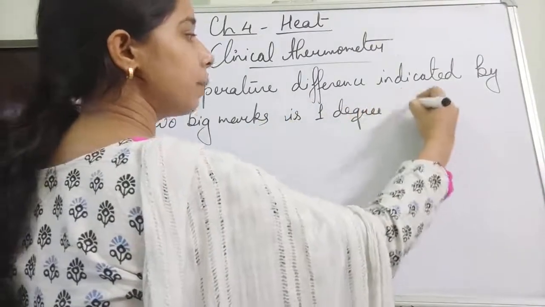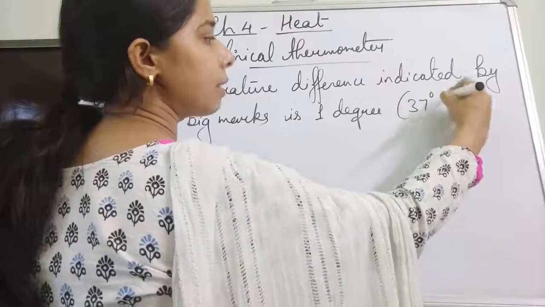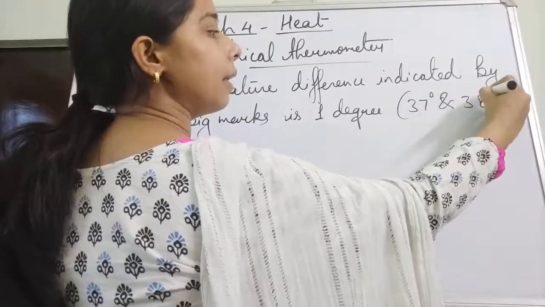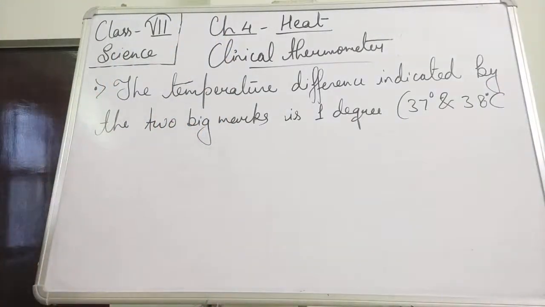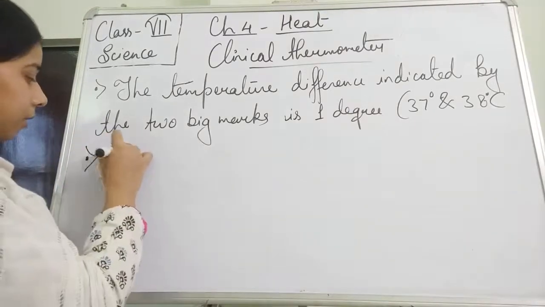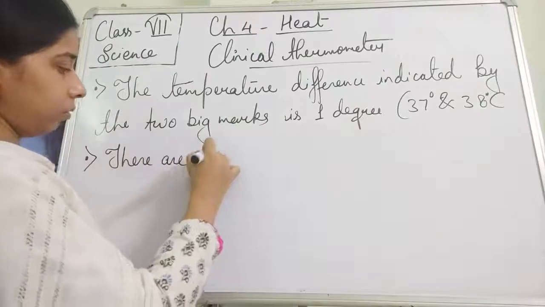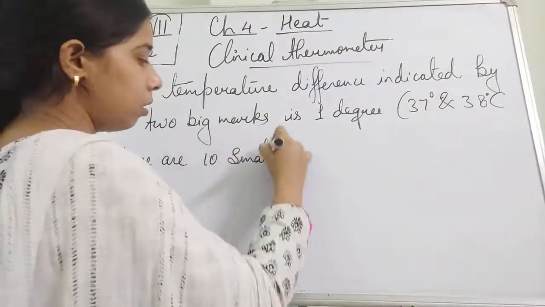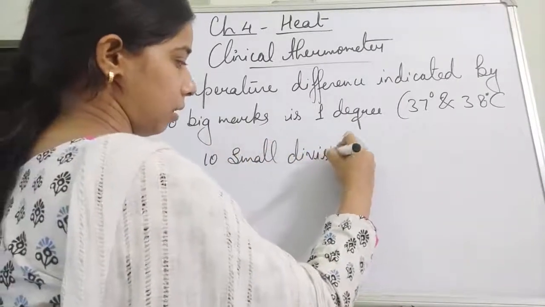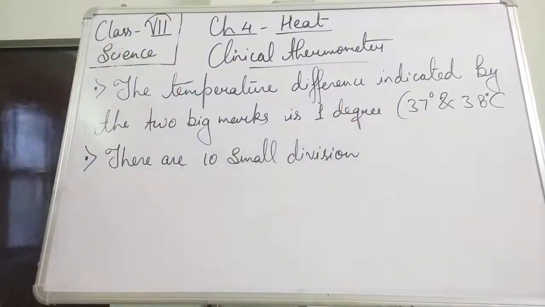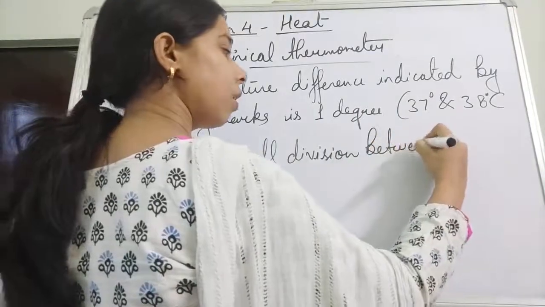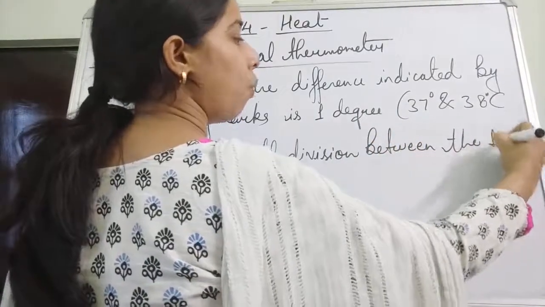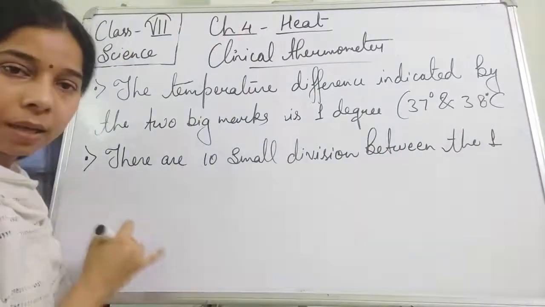Like suppose between 37 degrees Celsius and 38 degrees Celsius, what is the difference between these two? That is 1 degree. But what we will find here is that there are 10 small divisions between the 1 degree temperature.